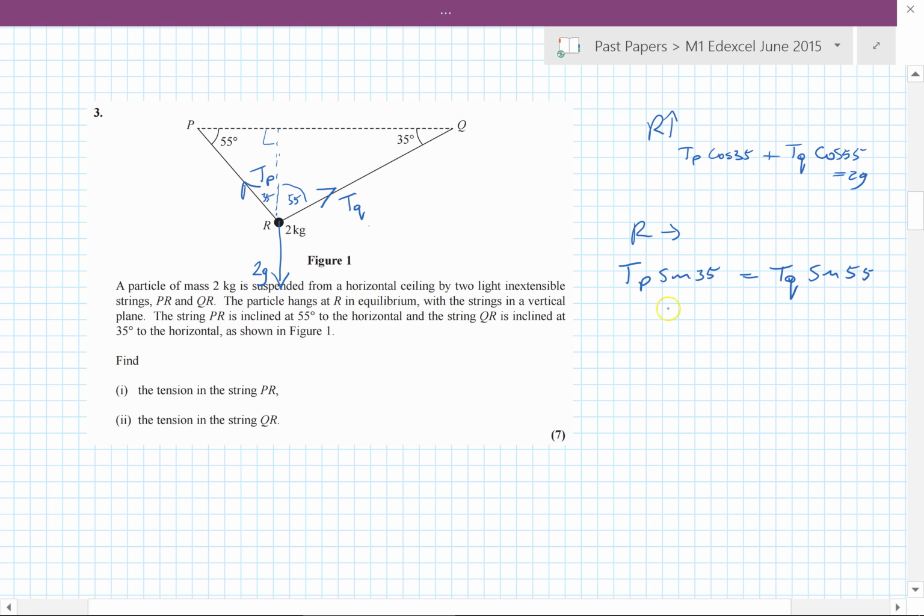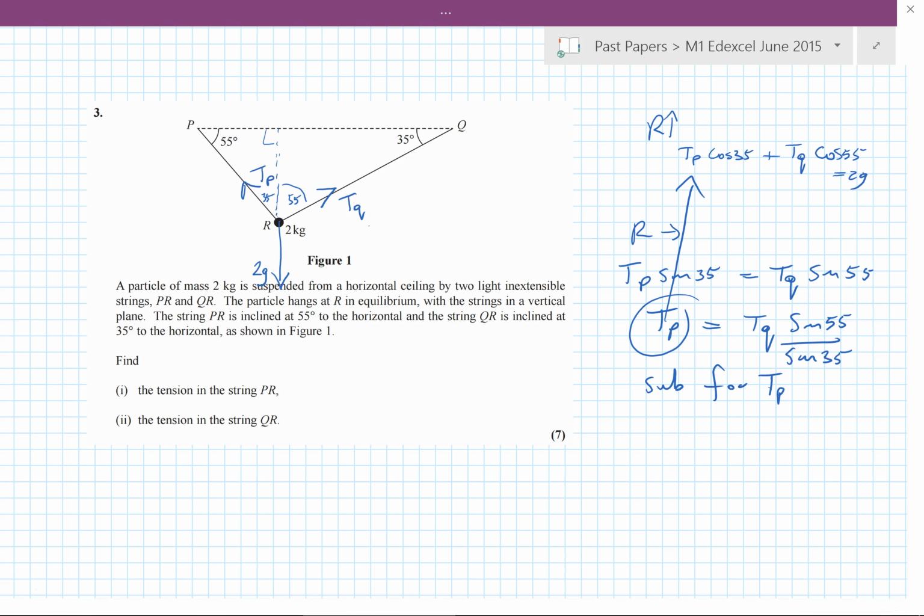Then we have to eliminate. We'd have TP is equal to TQ sin 55 over sin 35. Need to be very careful because it's going to be a bit untidy. Then we would sub for TP, or the other way around, you could sub for TQ. That's probably the most obvious way of doing it.